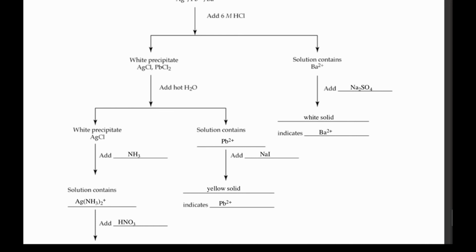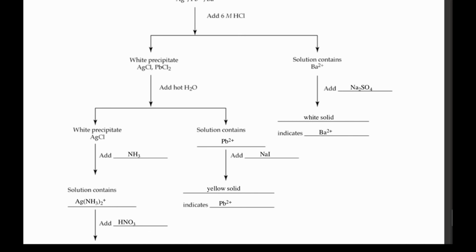We could have silver, we could have lead 2+, we could have barium, we could have 2 of those, we could have all 3 of those. So how we would go about testing it: first thing, we would add the source of Cl-. In this case, it's 6 molar HCl. So the Cl- is the important part there.